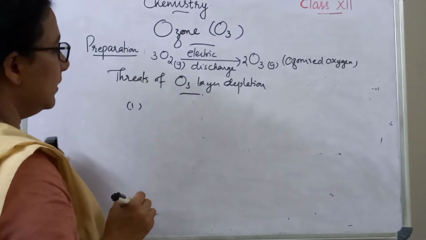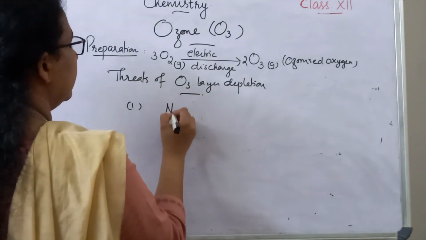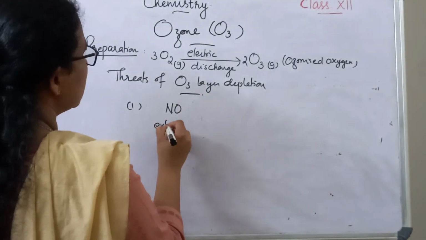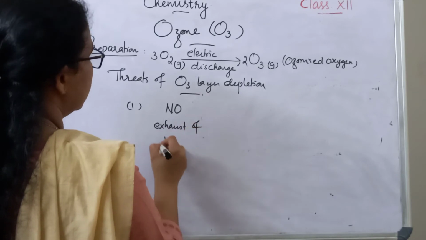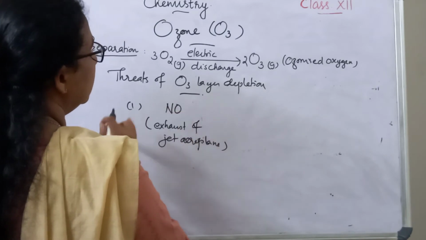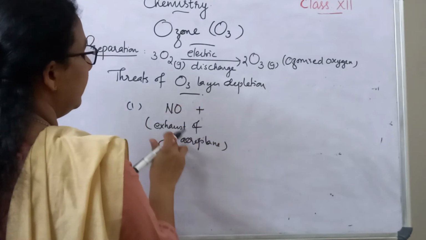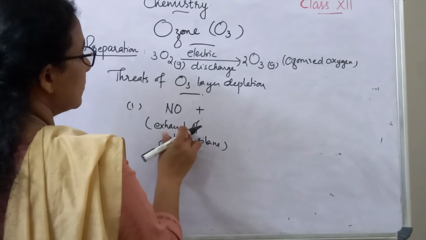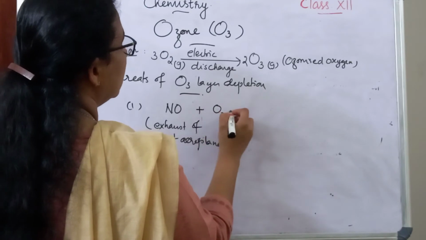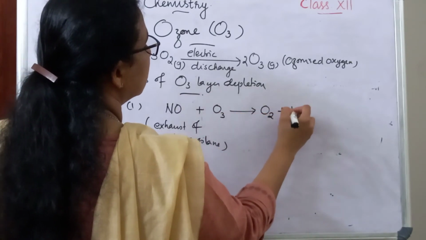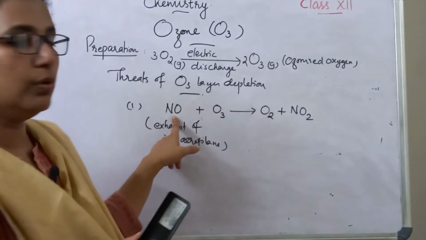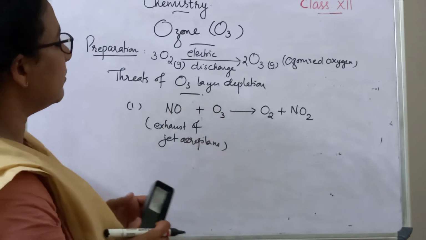One is the nitric oxide which is emitted from the exhaust of jet aeroplanes. The nitric oxide NO depletes the ozone layer. Actually it converts ozone to O2. So this is a reaction. Here NO or nitric oxide causes ozone layer depletion.